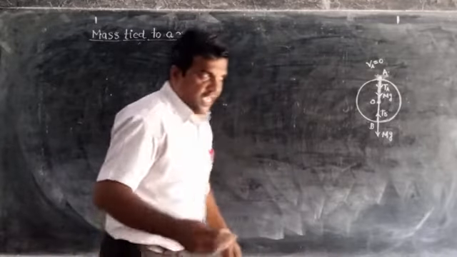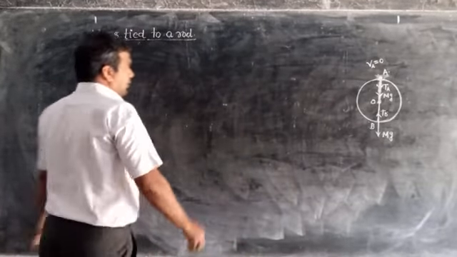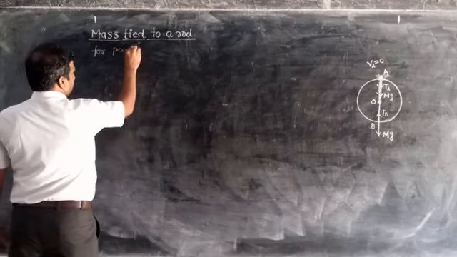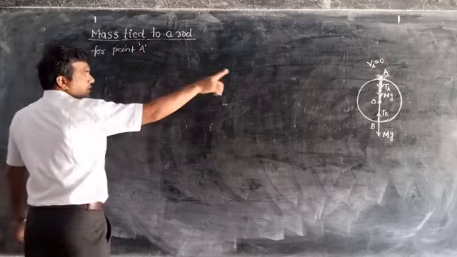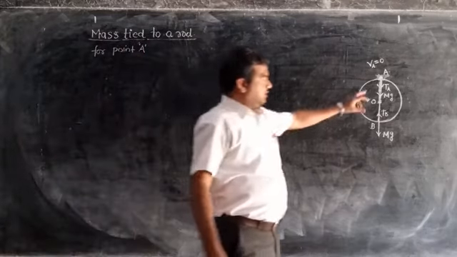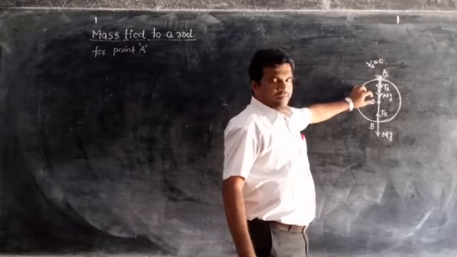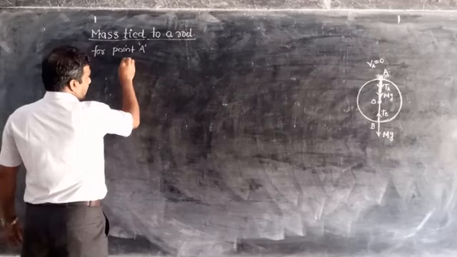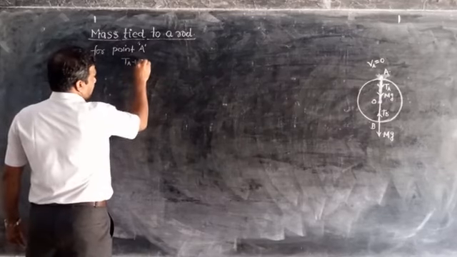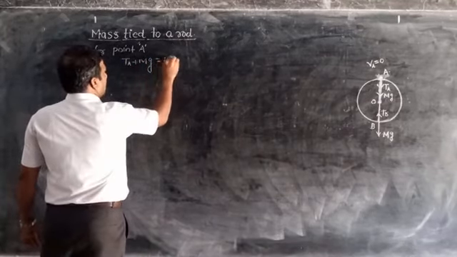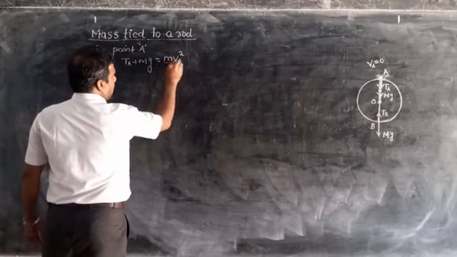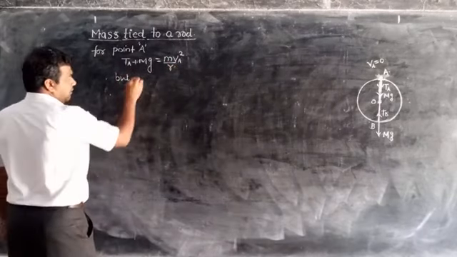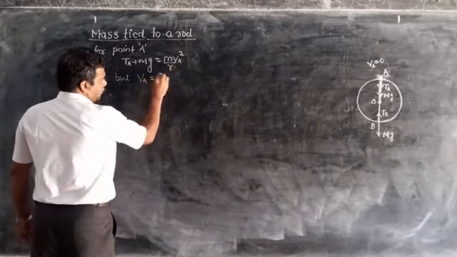Therefore, we can write the equations for point A. For point A, the sum of these two forces, that is TA and mg, provides the necessary centripetal force, that is TA plus mg is equal to mVA square upon r. But at the highest point, in case of the rod, VA is equal to 0.